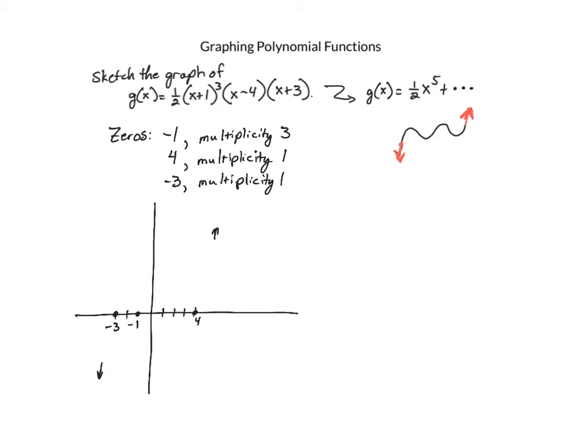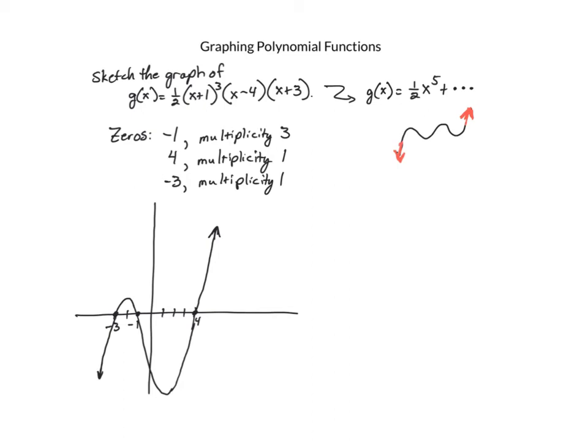If we start down here, we get up to -3. We see that the multiplicity is odd, so it crosses. Goes up, how high, we don't know. At -1, the multiplicity is odd, so it crosses. It goes down a ways. How low? Don't know. And then we come back up, and it will cross 4 because the multiplicity is odd again. And it's complete, almost.